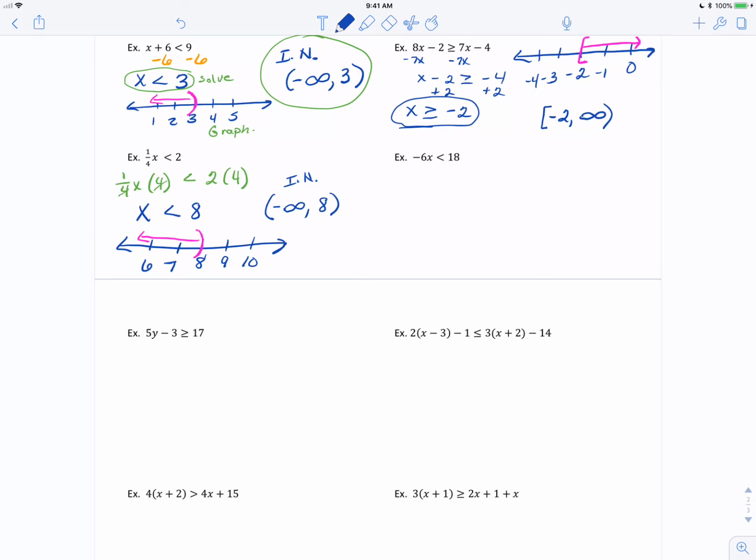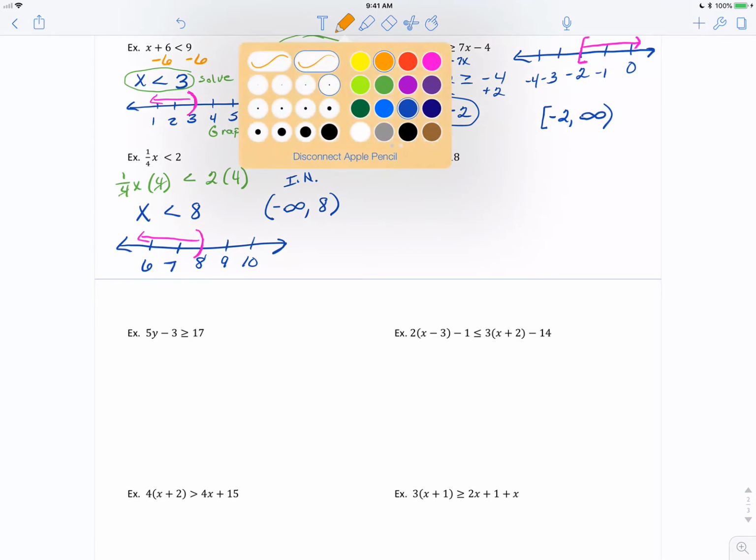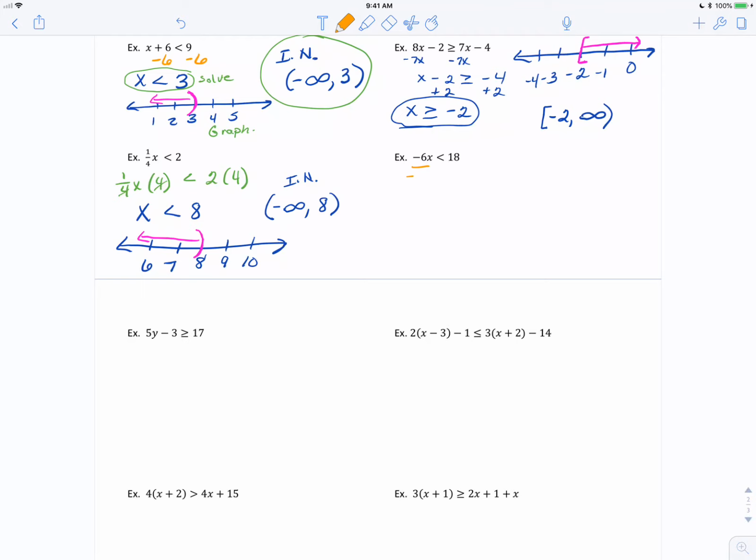All right, so now we've got -6x is less than 18. Well, how are we going to solve for this? We're going to divide by -6. And whenever you see yourself dividing by a negative number, any negative number, you should be having bells and whistles going off. You should be thinking, ding, ding, ding, I've got to flip that sign.